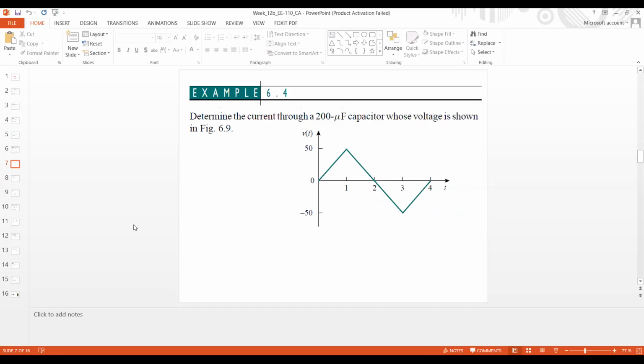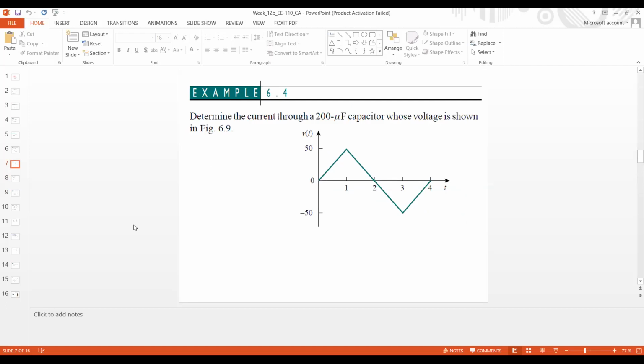Next, in the previous lecture, we developed a methodology to solve questions related to capacitor voltage and current, in which voltage or current is given in the form of a waveform.